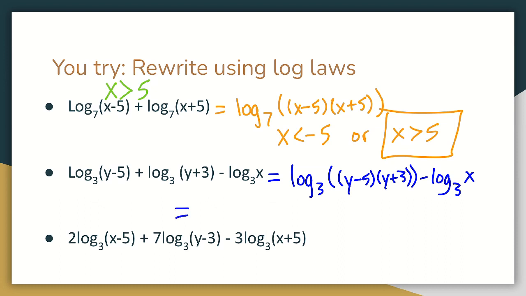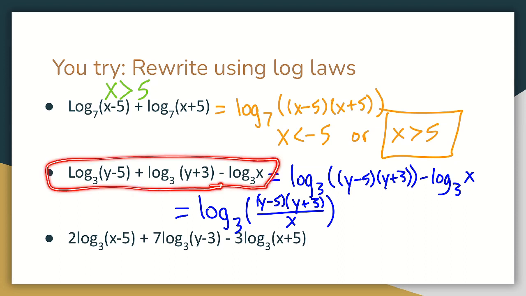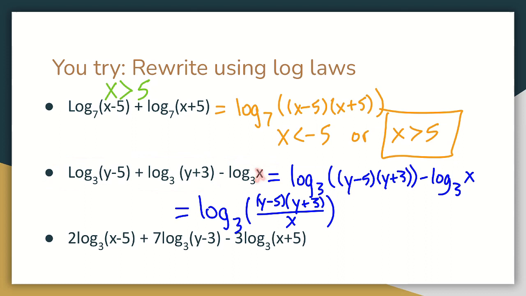Rewriting that, we have log base 3 of, in the numerator, the quantity y minus 5 times the quantity y plus 3 over x. So in the original one, we're just thinking about x. x has to be greater than 0.